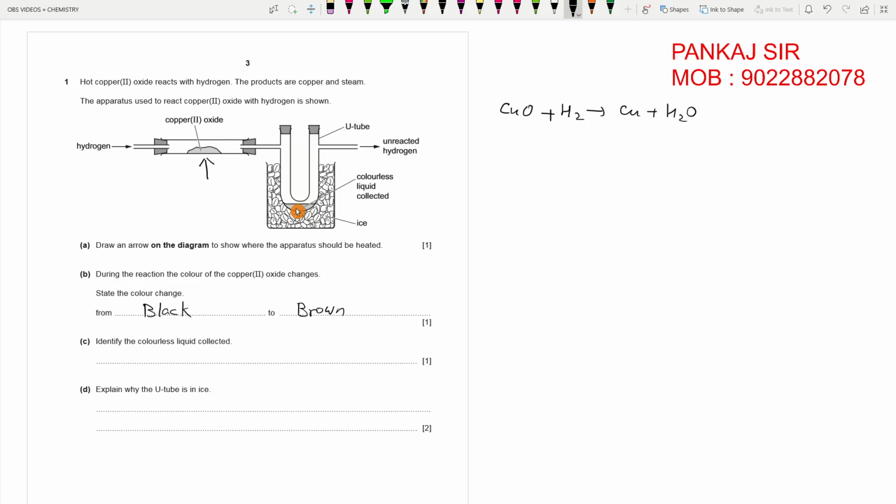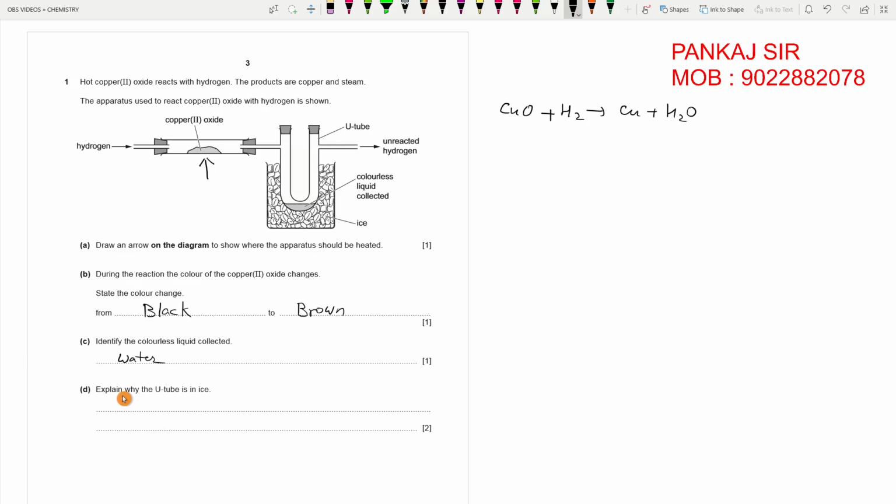Now explain why the U-tube is kept in the ice. So when the reaction takes place, you can see that H2O is getting collected over here, but it is in the form of steam. So the steam has to be condensed, it has to be cooled so that it gets converted into water.